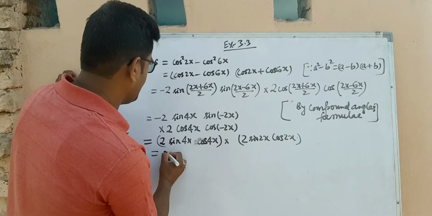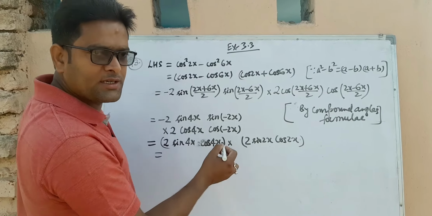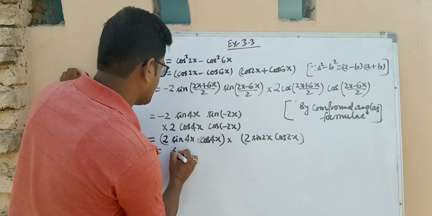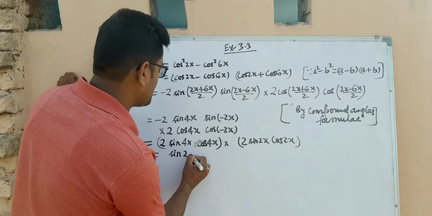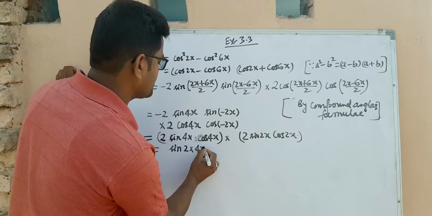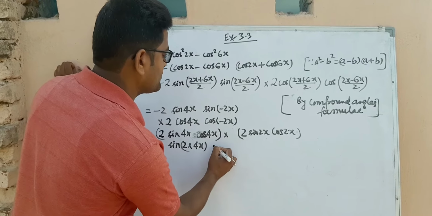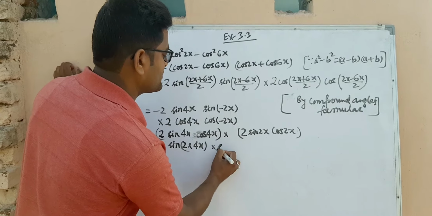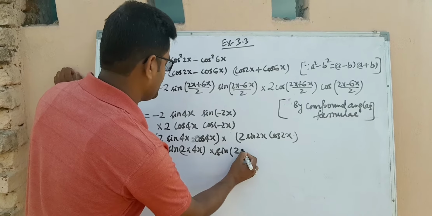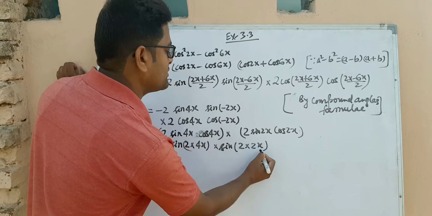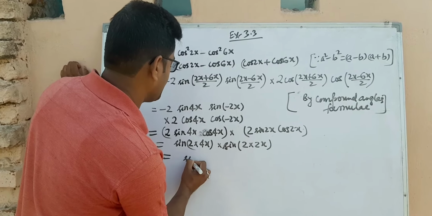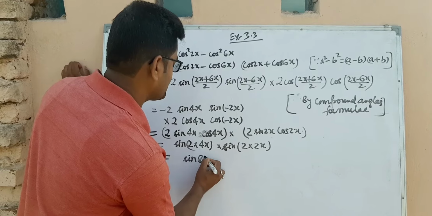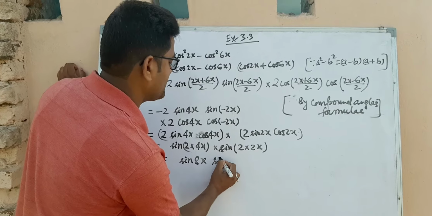Now it will make 2 sin theta cos theta, sin 2 theta. So I can write it as sin twice of 4x, and here also it will be sin twice of 2x. So it will form sin 8x into sin 4x.